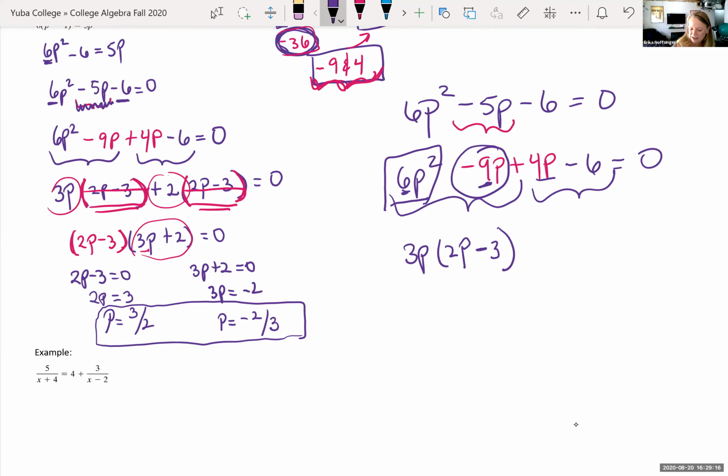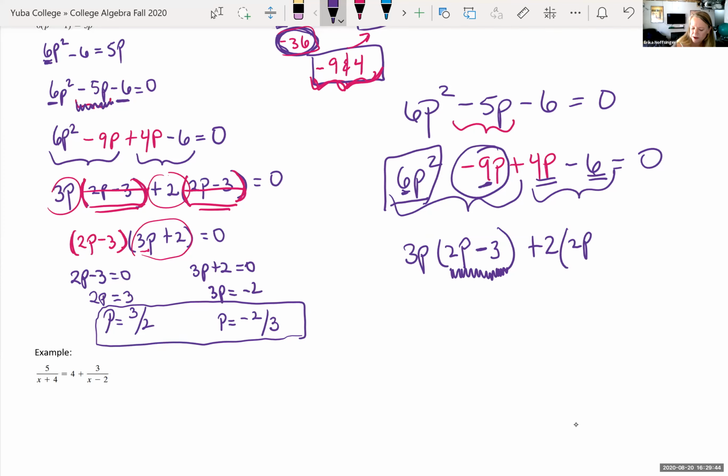Same kind of idea here. Look at what they both have in common. 4 and 6 have a 2 in common. You can either pull out a negative 2 or a positive 2. But our whole goal is to have the same thing inside the parentheses after we pull this out. If you don't have the same thing inside the parentheses, you didn't pull the correct thing out. So if I pull out a positive 2 from 4p, that will leave me with a 2p.